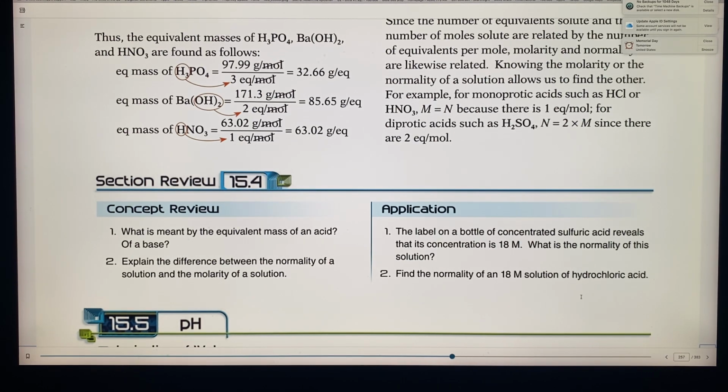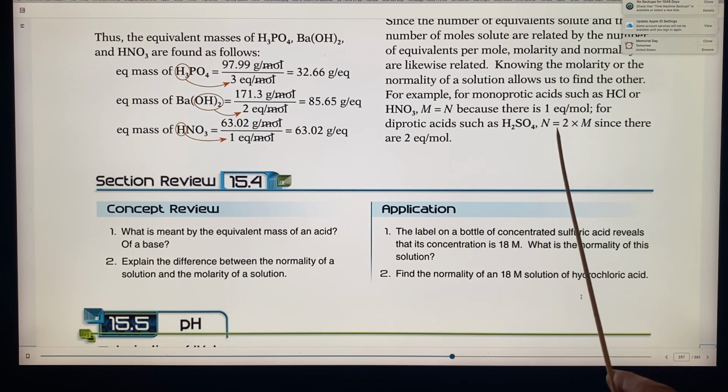So the label on a bottle of concentrated sulfuric acid reveals the concentration is 18 moles per liter. What is the normality of this solution? Well, let's look, what is sulfuric acid? Here's sulfuric acid right here.